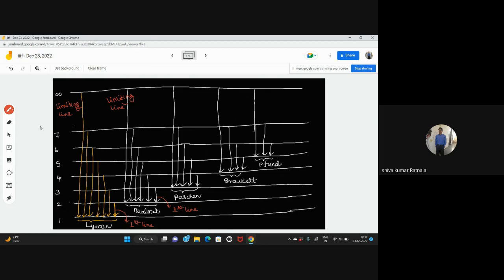Now I'm going to compare. If you take any series, what can be the wavelength of the limiting line and what can be the wavelength of the first line? I'm going to calculate now.